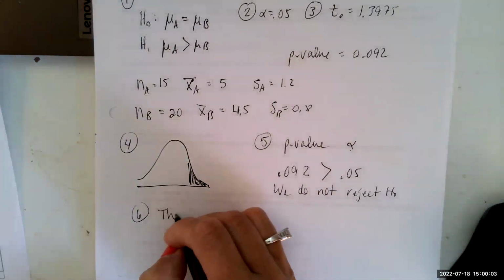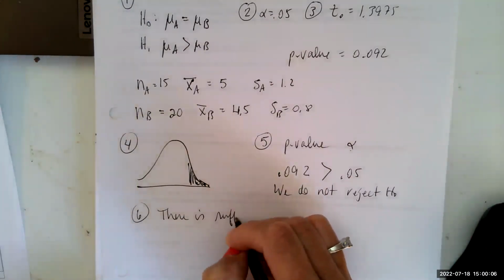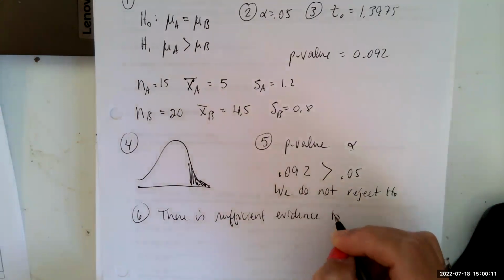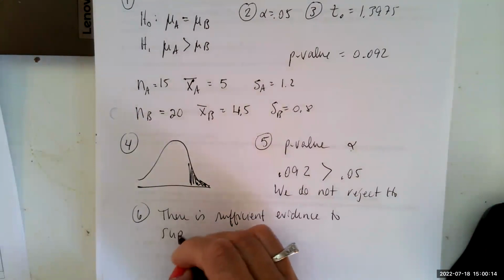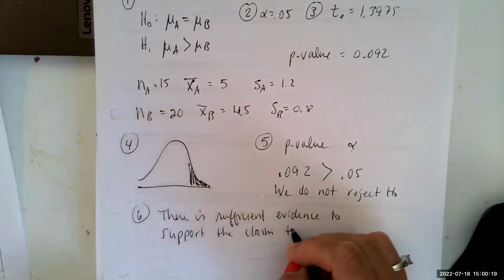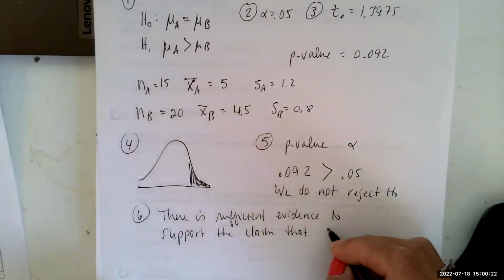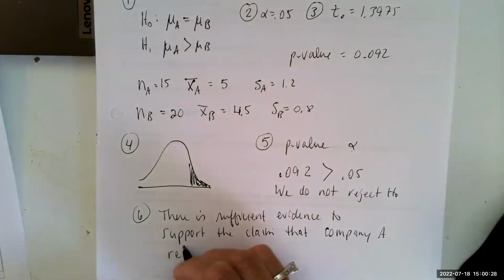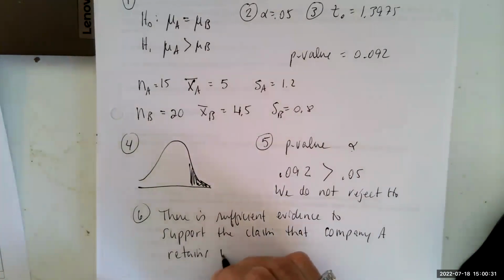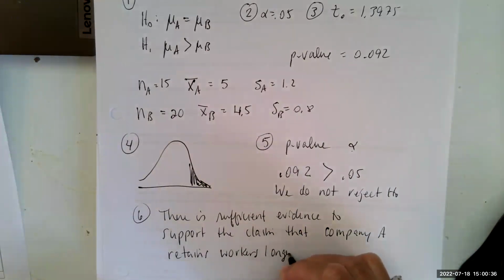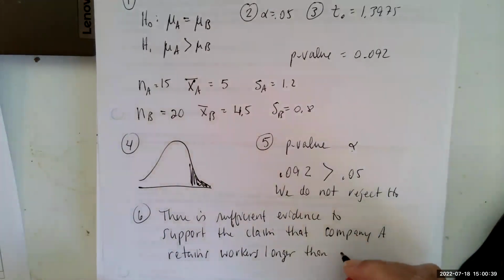So that means there is not sufficient evidence to support the claim that company A retains workers longer than company B. Not quite enough evidence for that statement to be true.